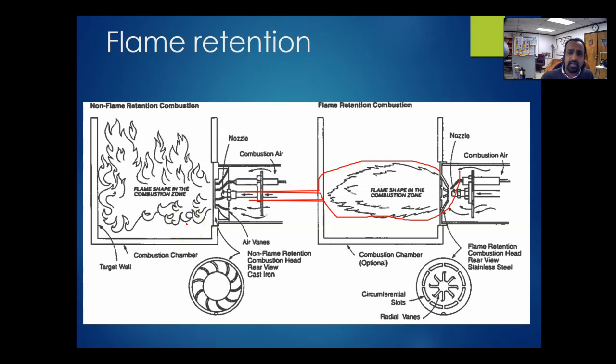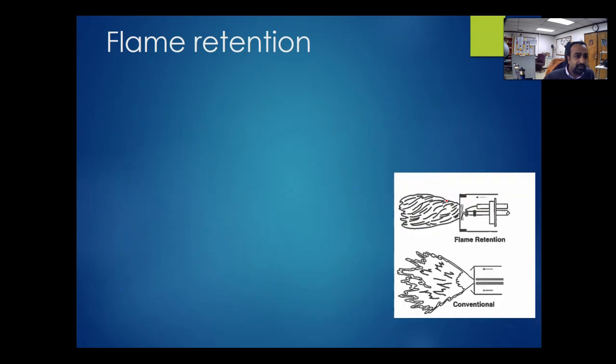There's a lot of science and chemistry that goes into the flame shape and how it reacts with the air and how it dispenses different kinds of fumes. I don't want to go too much into the science of it. For you, you need to understand that the diffuser plate that's placed in here does make a difference. The distance between this flame and the nozzle is also very calculated.